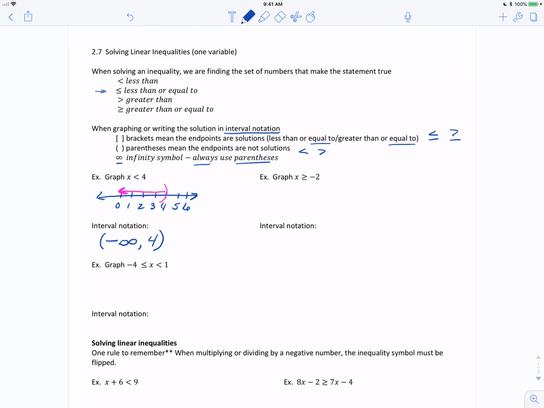All right, so another example, we're going to graph x is greater than or equal to -2. And it doesn't matter what numbers you put on here, just as long as you have some numbers on maybe both sides of whatever that critical value is. And in this case, it's -2. So I'm going to just say -3, -4, that would be -1, 0, +1, right?